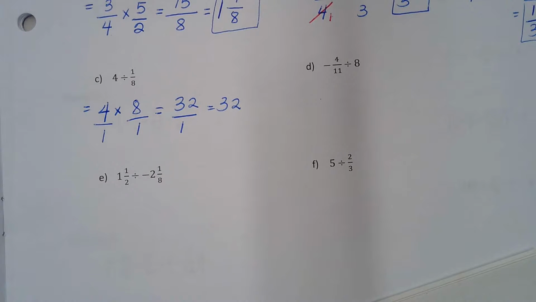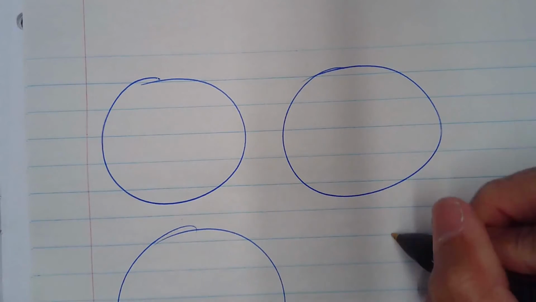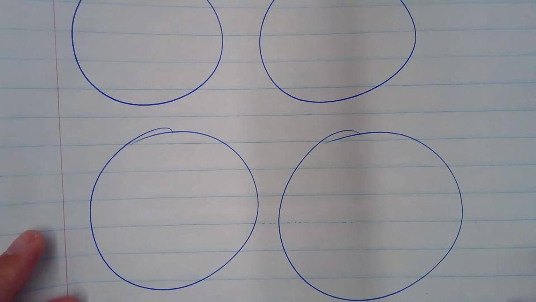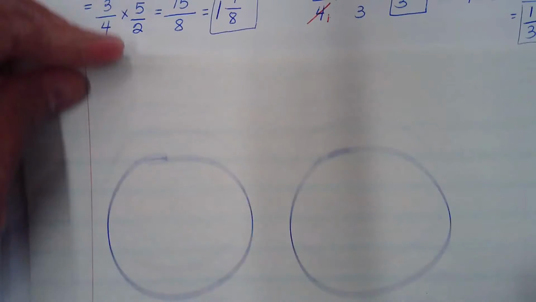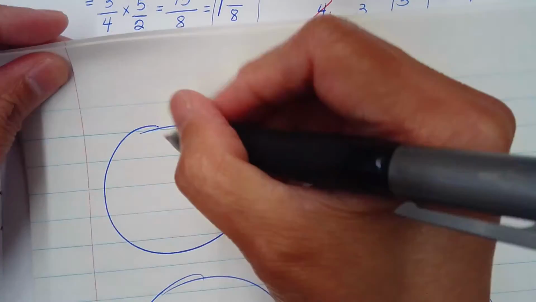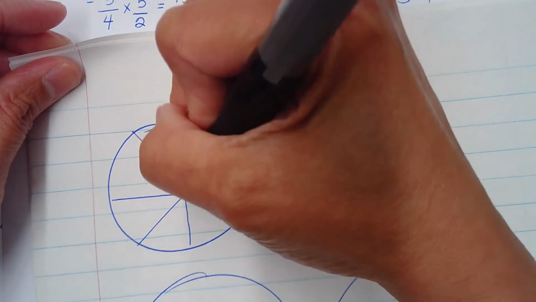Okay, stop right there. She said, I've got to do 4 circles, right? Okay, 4 circles, each have 8 pieces. And you divide that into 8s. Okay, so 8s, something like this. These are 8s.